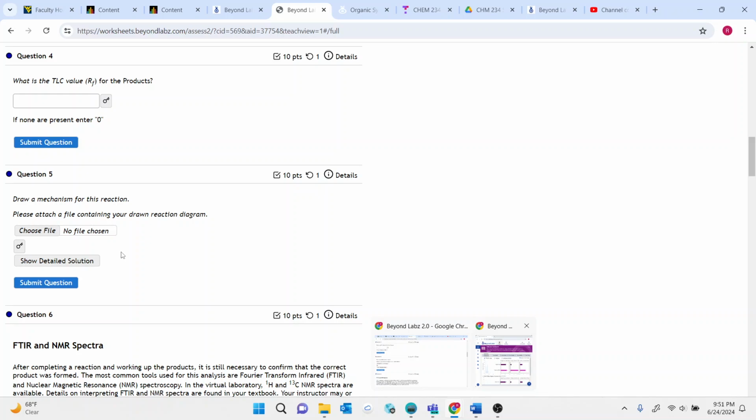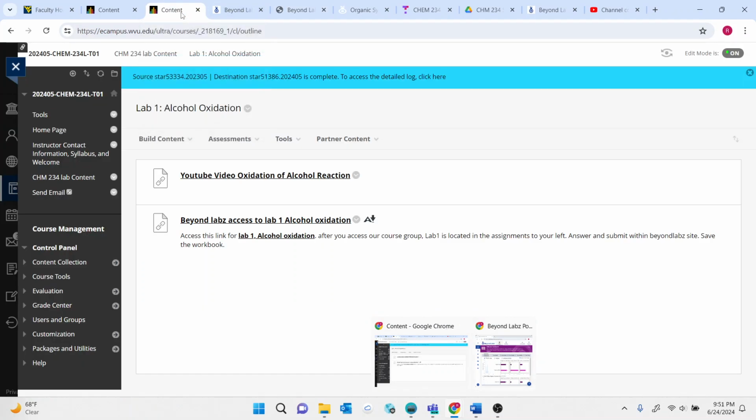It's easier. But if you cannot make it small, I haven't set this yet, but I will do that tonight. I will have a folder or a link so that you can submit anything that is too big to submit on Beyond Labs. You come to the lab and you submit that as well.